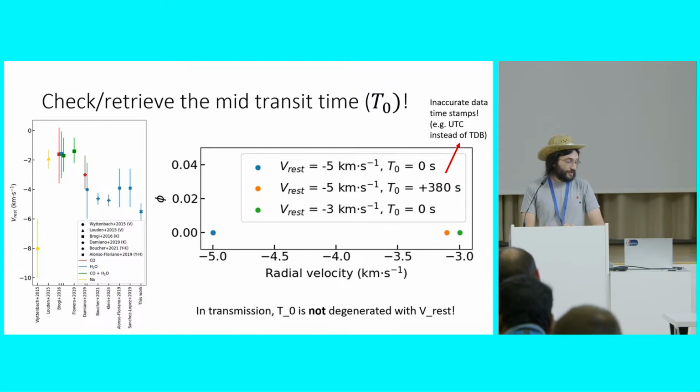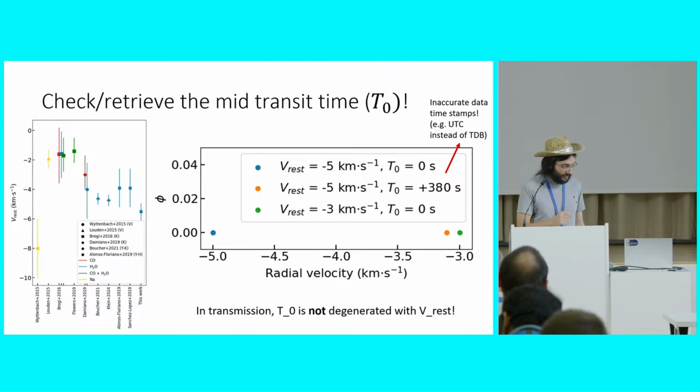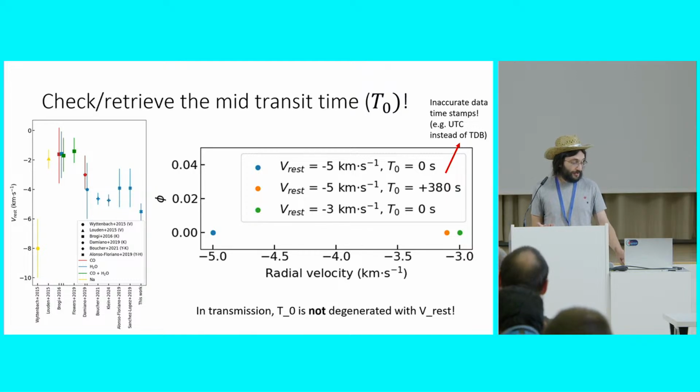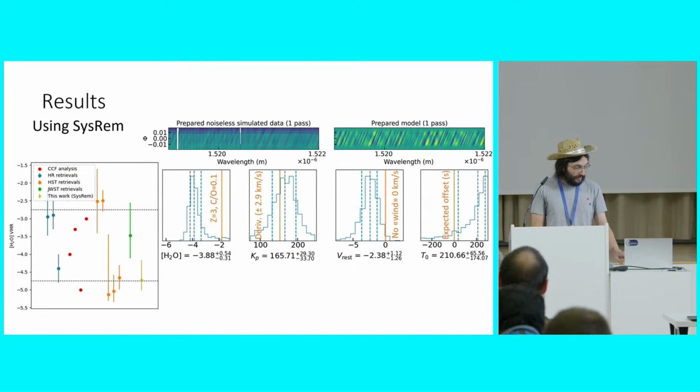In transmission, the mid-transit time is not degenerate with the rest velocity, and so if your data timestamps are not accurate, you can end up with an error on your rest velocity that can reach the order of kilometers per second. So it's very important to check.